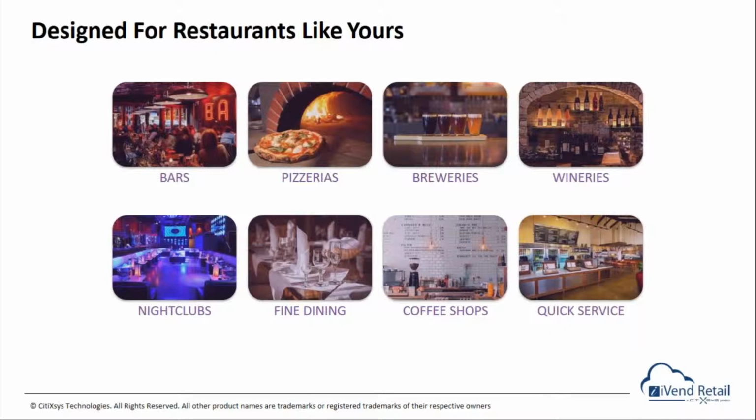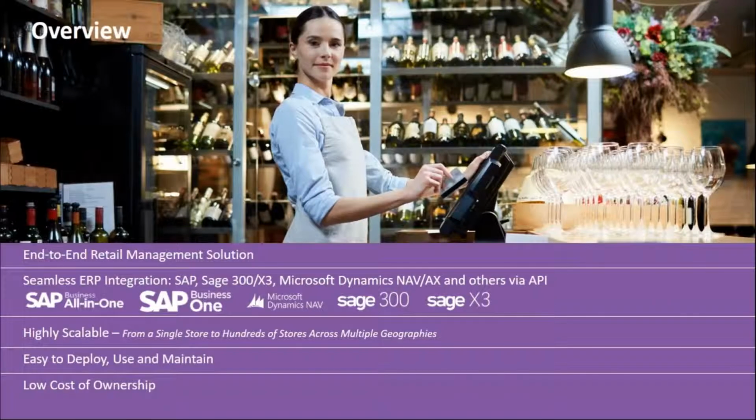The solution will improve your guest appreciation and loyalty, create menu flexibility, reduce order and checkout times, decrease operational cost, and allow you to focus on crafting a more unique dining experience. It is an end-to-end retail management solution.